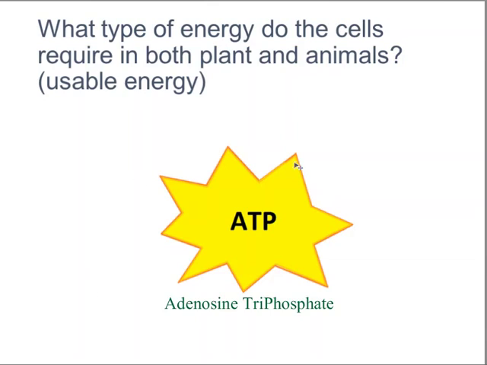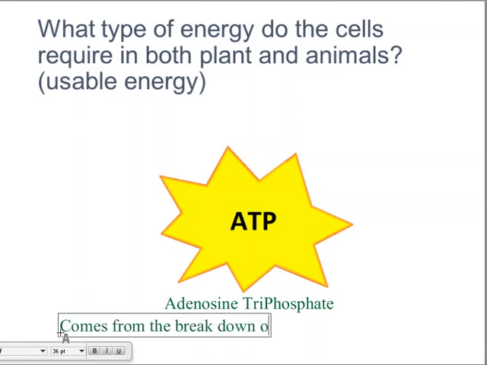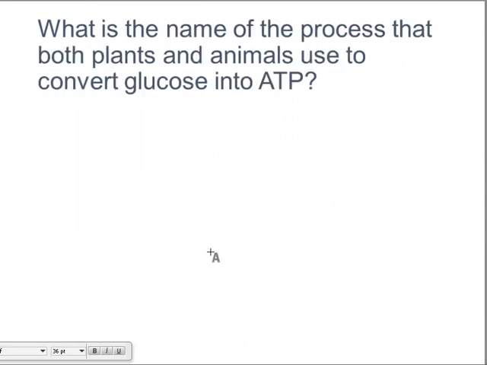It's a very short video, just a cycle. But basically, it comes from glucose. Put it down here. It comes from the breakdown of glucose in the cell. That's all you really need to know.